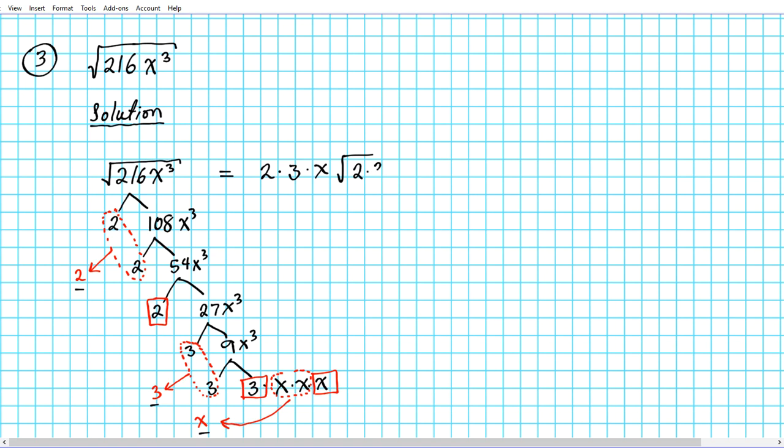So this is the expanded form of our final answer. Let's go ahead and multiply it out. Our final answer will be 2 times 3 times x, which is 6x, root 2 times 3 times x, which is 6x. And this, ladies and gentlemen, is the simplified form of the square root of 216x to the third power. Okay, so that's that.